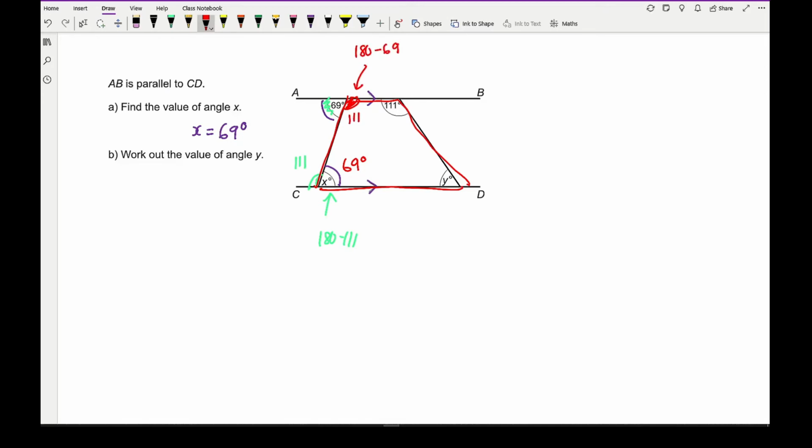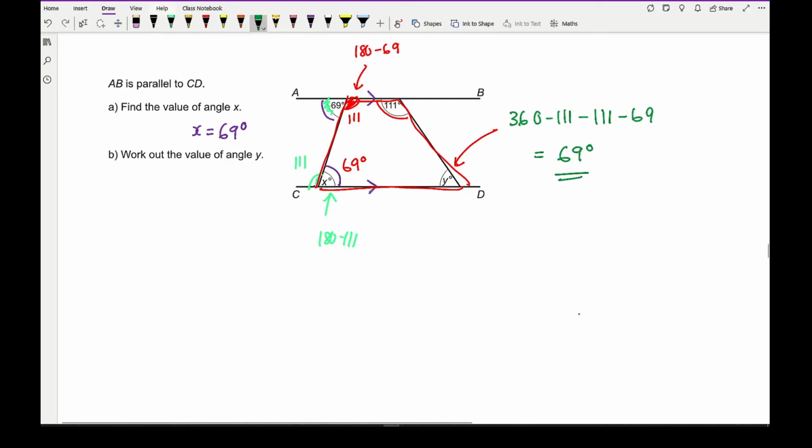From this, I can work out what angle Y is, because these four angles added together must equal 360. So if I do 360 minus 111 minus another 111 minus 69, that will give me what the angle is going to be. Working that out, I've got 360 minus 111 minus another 111 minus 69 gives me the answer of 69 degrees.